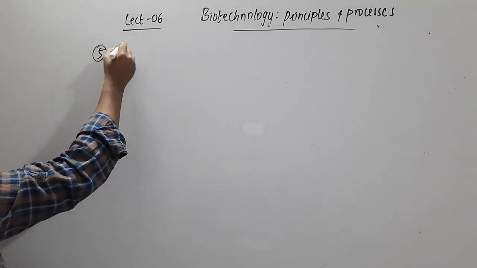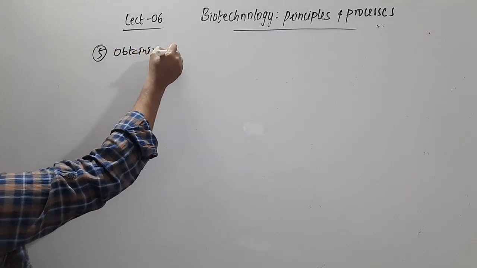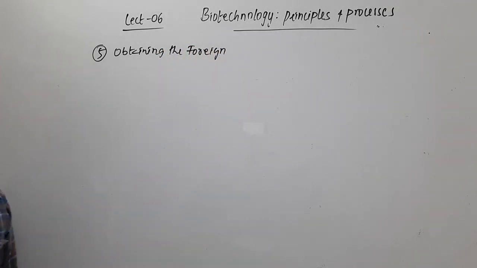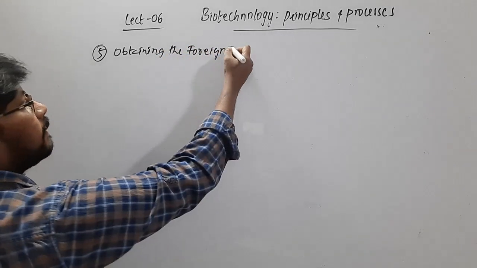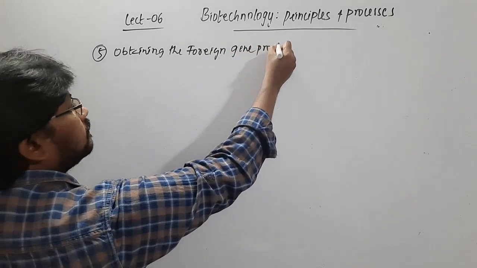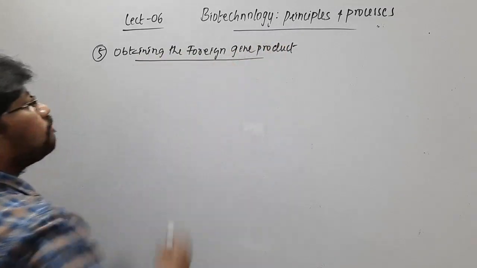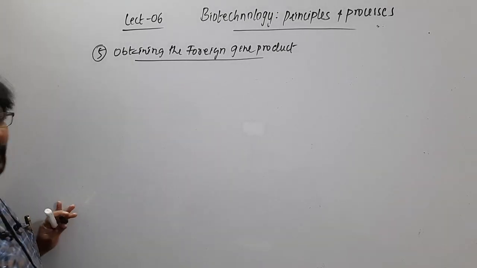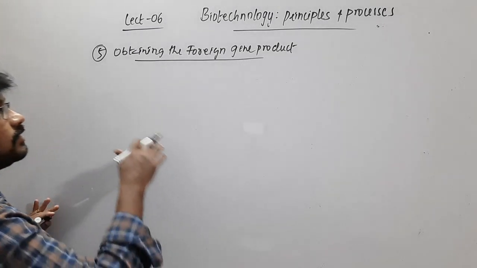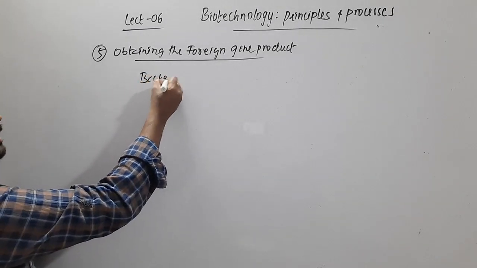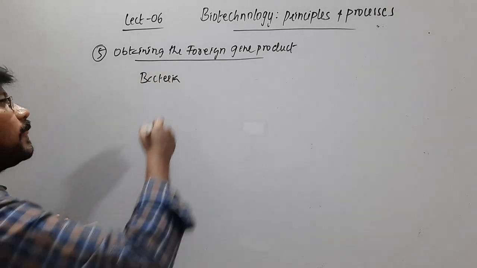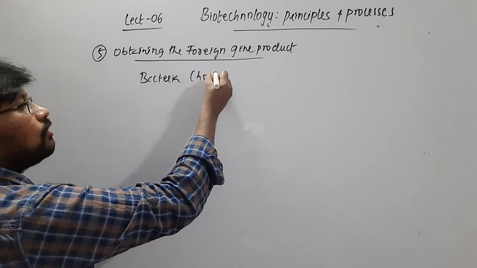So the last step is obtaining the foreign gene product. And one more point. As I have taken the example of insulin, suppose I'm using the bacteria as a host for this process.